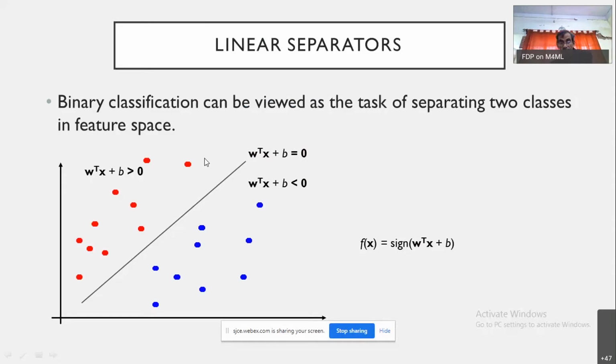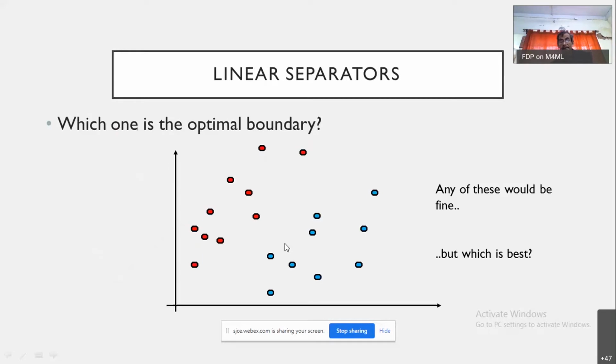Now you can see, being a mathematician, you can imagine that you can have infinite number of lines between these two sets of patterns. Which of these is the best classifier, the best line to distinguish these two groups? That's the job of pattern classification, and that can be done in many ways.